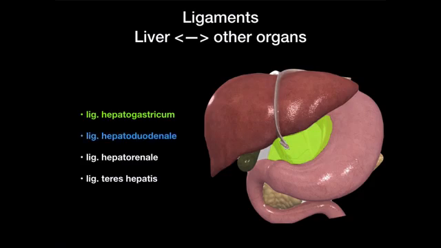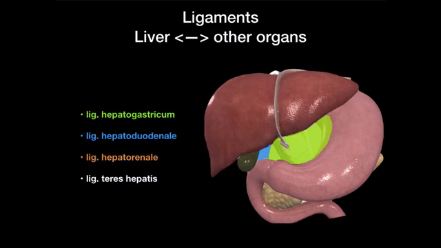And then the next is ligamentum hepatoduodenale, going from the porta hepatis of the liver to the duodenum. This ligament contains the bile duct, veins, nerves, arteries, and things coming out from the porta hepatis. Remember, I mentioned that earlier when I talked about the porta hepatis, that all the things coming out from porta hepatis lie within the ligamentum hepatoduodenale.